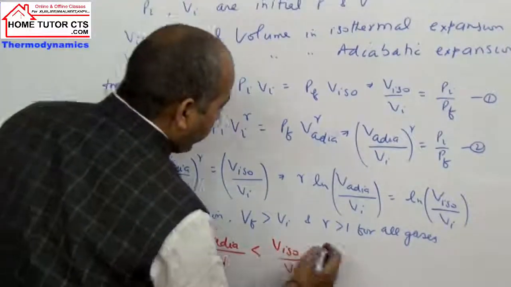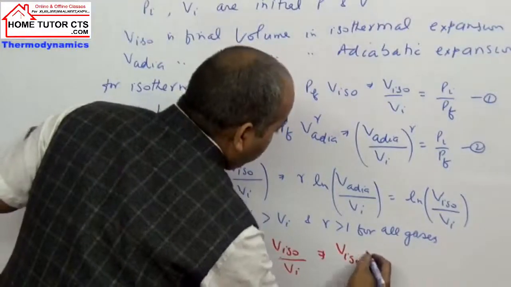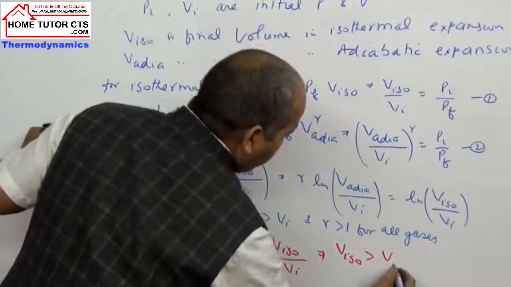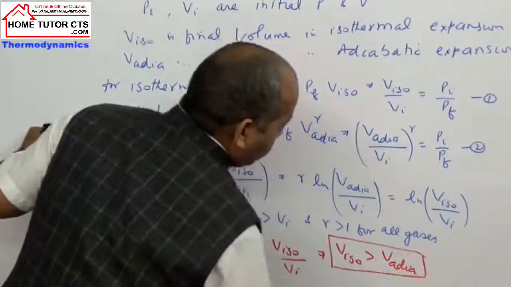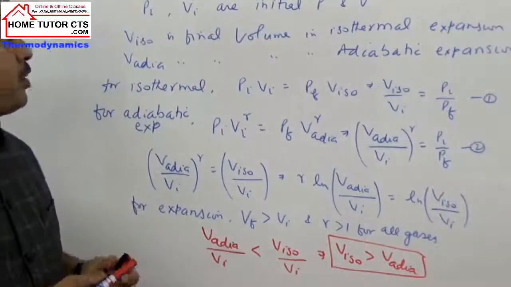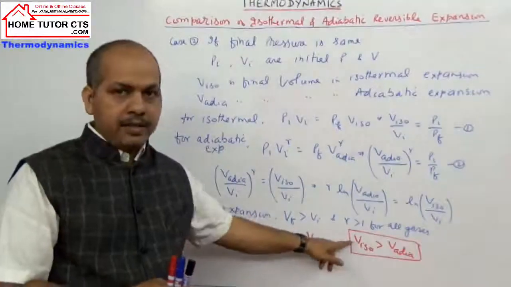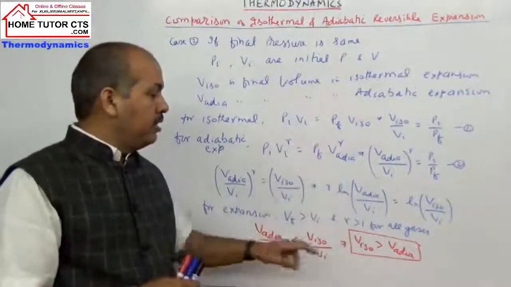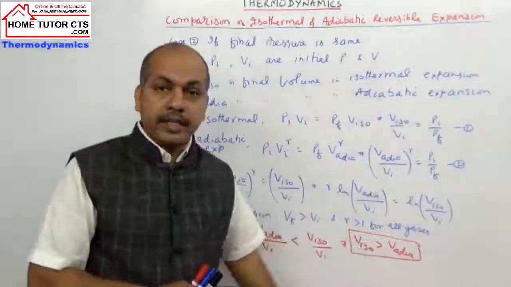Initial volumes are equal, so I can write directly that the final volume in isothermal process will be more as compared to the final volume in adiabatic expansion. So if we have the same final pressure, then the final volume will be higher in isothermal expansion as compared to adiabatic expansion.